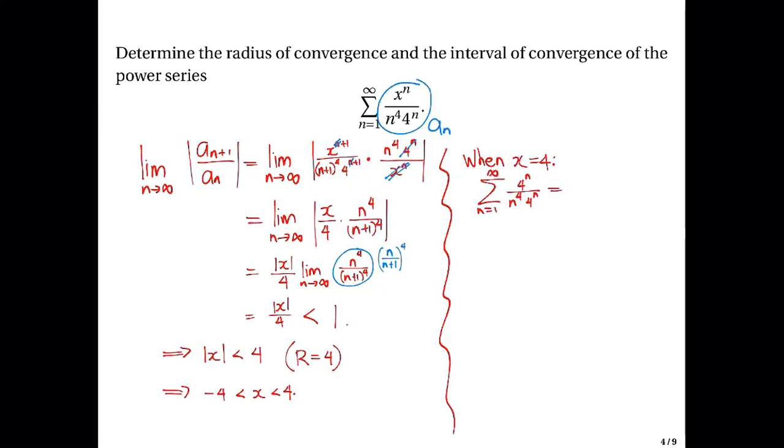But this is just the series from 1 up to plus infinity of 1 over n to the 4. And this is convergent. This guy here, it's convergent, because it's just a p-series.